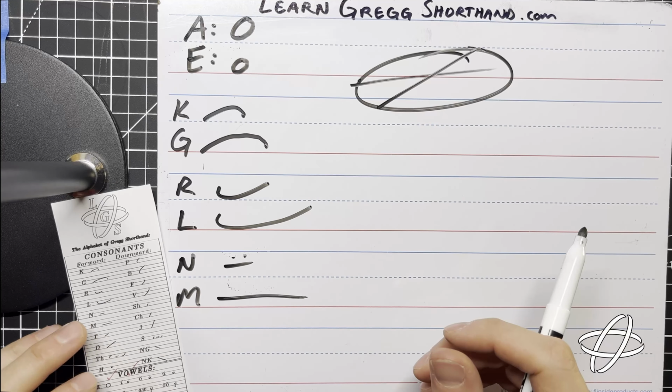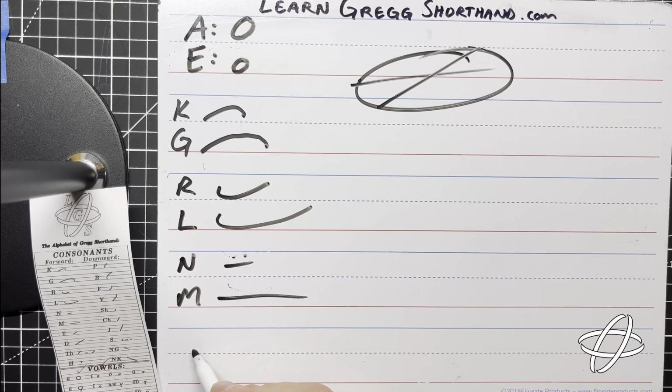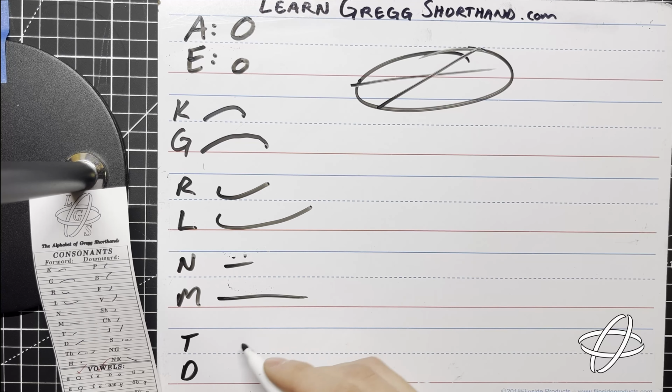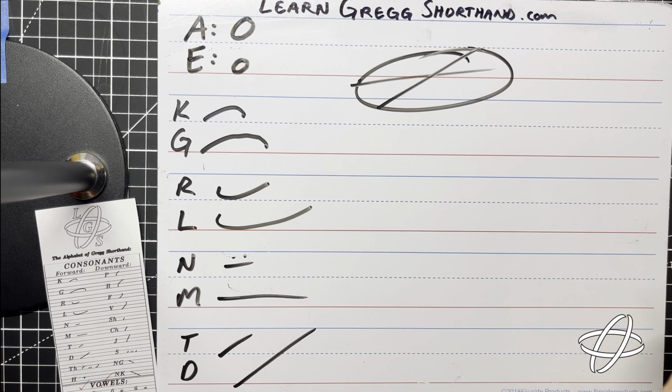You'll pick it up pretty quick. Similarly, for T and D, the T is a forward half length stroke, whereas the D is twice the height and potentially the length. But again, it only matters if you can differentiate between the two.